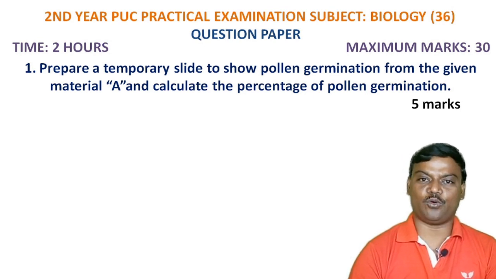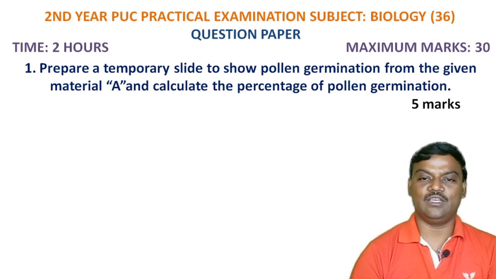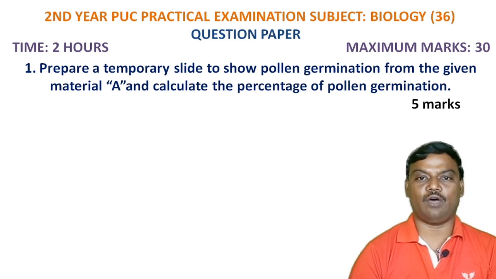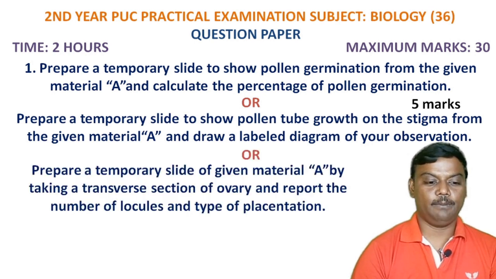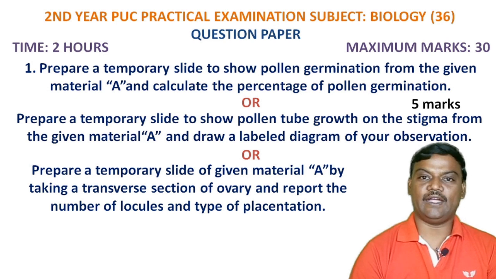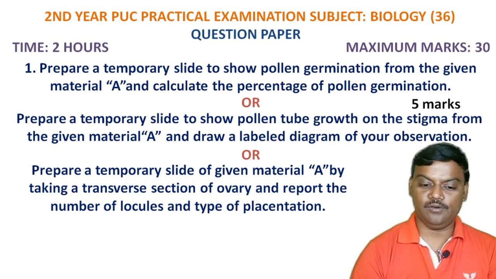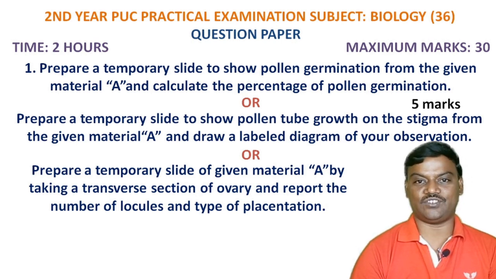Along with this, some more questions are there. In the lottery system, the students can get any one question. The second question is: prepare a temporary slide to show pollen tube growth on stigma from the given material A and draw a labeled diagram of your observation. Or prepare a temporary slide of given material A by taking a transverse section of ovary and report the number of locules and type of placentation.